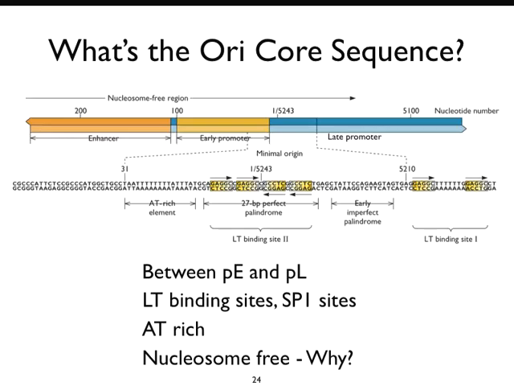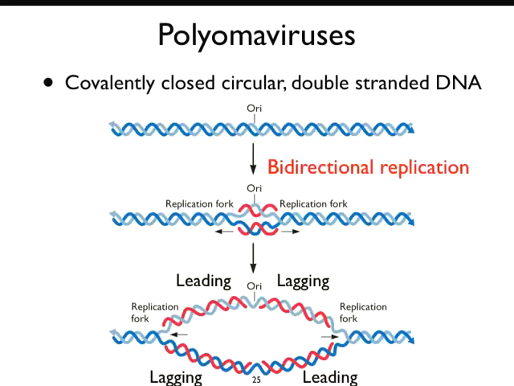This supercoiled DNA molecule is covered with histones, and it looks for all the world just like a normal chromosome. So that it's totally wrapped up around nucleosomes. There are a bunch of binding sites that are adjacent to this core or within it, and they're the sites for binding of T antigen and also for transcription activation, and it's AT-rich.